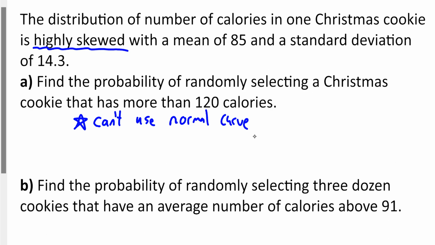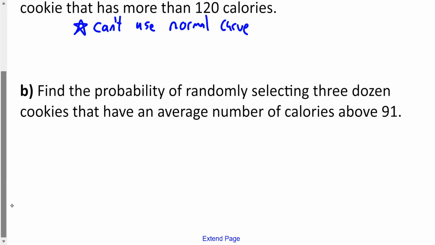But if we slide down to question B, find the probability of randomly selecting 3 dozen cookies that have an average number of calories above 91, or even an average number that's more than 120, if we want to go back there, we can. Because 3 dozen is 36 cookies, and 36 is greater than 30.